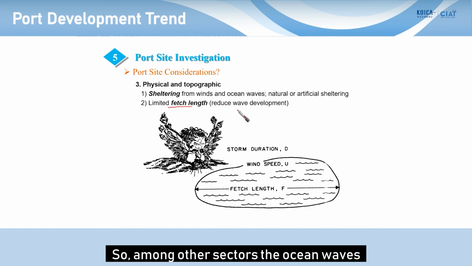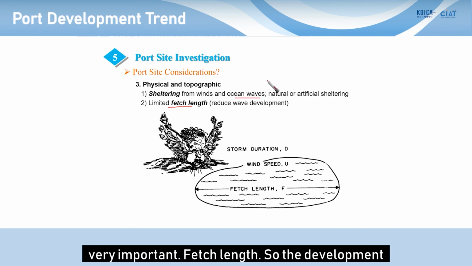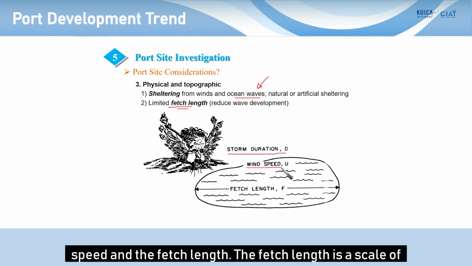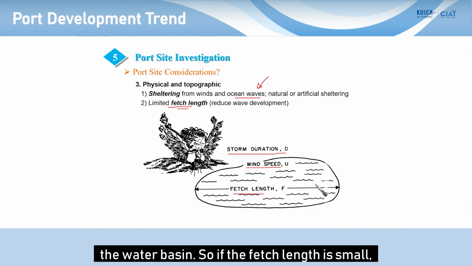So among other factors, the ocean waves are very important. The development of the waves depends on the storm duration, the wind speed and the fetch length. Fetch length is the scale of the water basin.